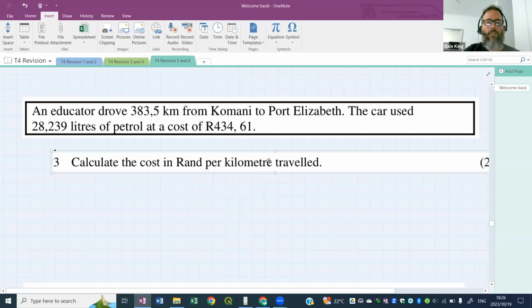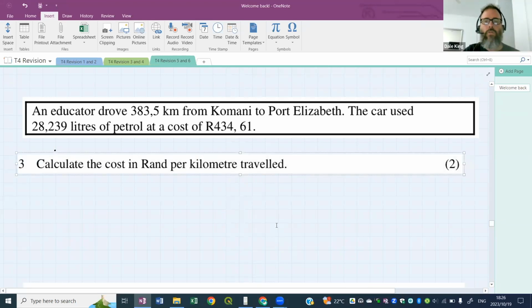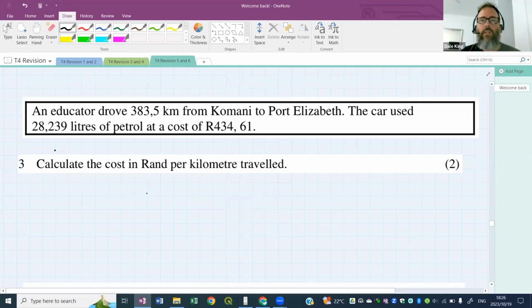Sure, guys, we're loving these short 2-mark questions. Free money, free marks. The rand cost per kilometer. What is the rand cost per kilometer?